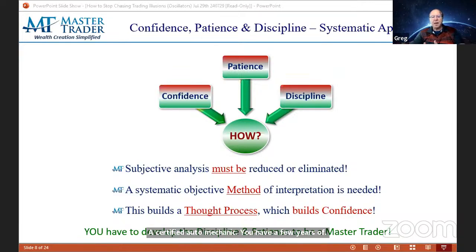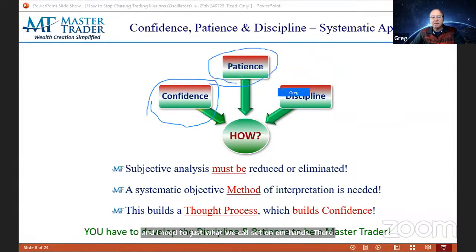So over time, you begin to gain confidence in what works and what doesn't work. At times, markets are erratic, and I need to just sit on our hands. There are times I need to be patient because if I don't, I'm just going to potentially do mirage trades. And of course, I need the discipline to do all of that.